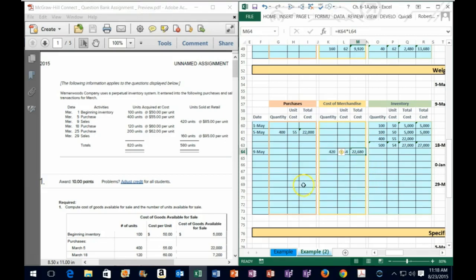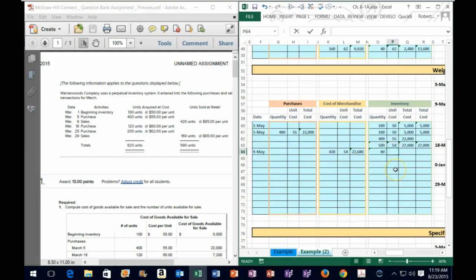If we were then going to calculate how much we have left, notice we really only have this one layer that we finally said was at this cost, 500 units at 54. So of that 500 units, we sold 420. So we can subtract that. 500 minus 420 means that we have 80 units left of the 500.